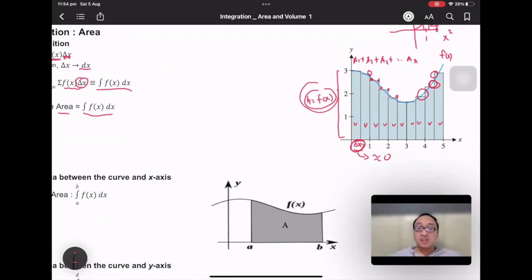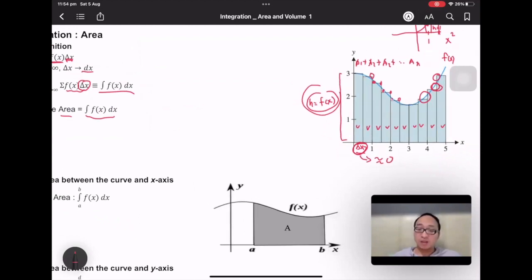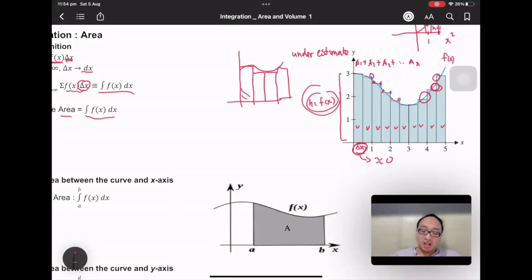In this case, we can have two types of estimation. This is the function, and if we have only several rectangles, this will be an underestimate, because the area of the rectangles that we find here will be below the actual area, since we have the blank spot here.